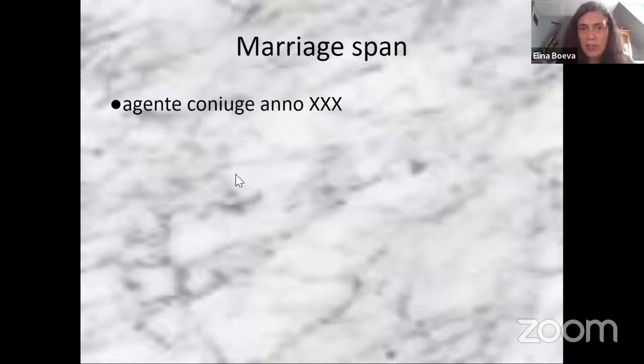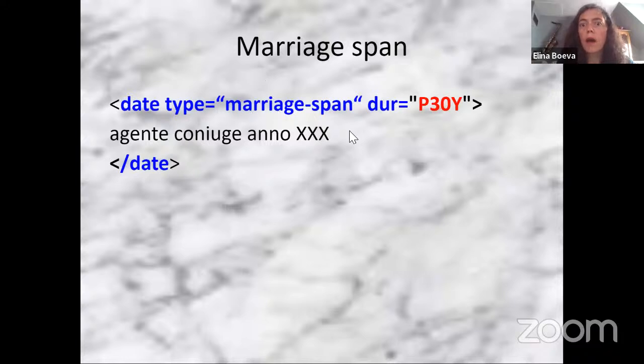Marriage span is another thing. So you can have different types of spans that are quite common on the inscriptions. That you have lifespan, military service, and marriage span. They are encoded with the date element with different attribute type, pardon me, and different attribute values.